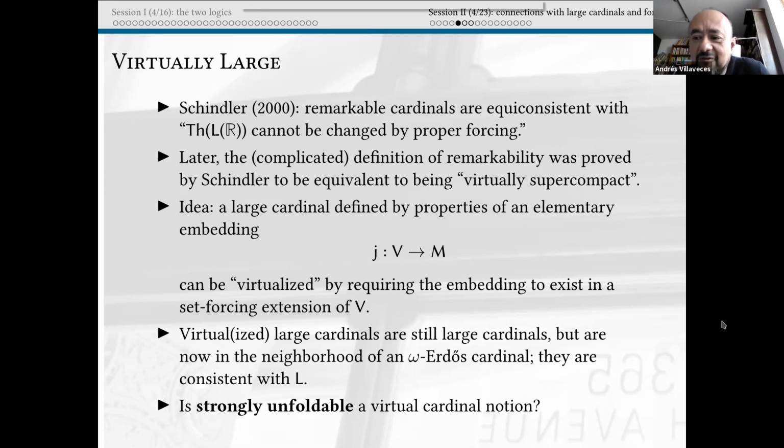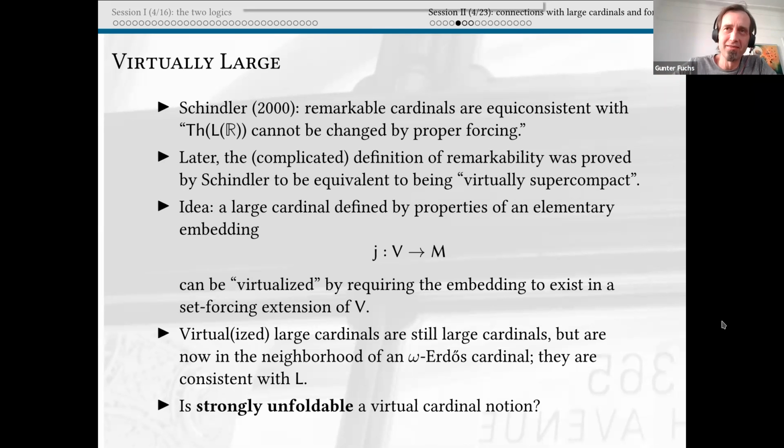Well, just look at the definition of remarkable cardinals, and maybe they are this split where the virtual and the non-virtual are still kind of the same. Yes, exactly. That happens with the hierarchy of forcing.